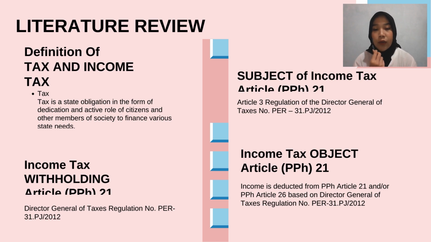Meanwhile, according to PSAK number 46 concerning income tax accounting, income tax is a tax calculated based on tax regulations, and this tax is imposed on the company's taxable income.